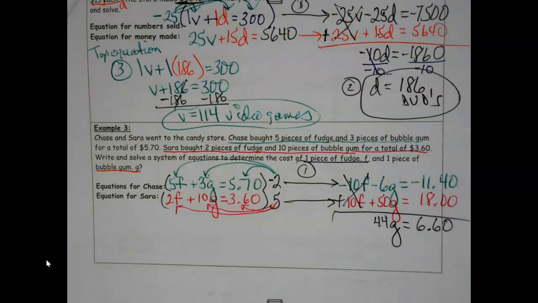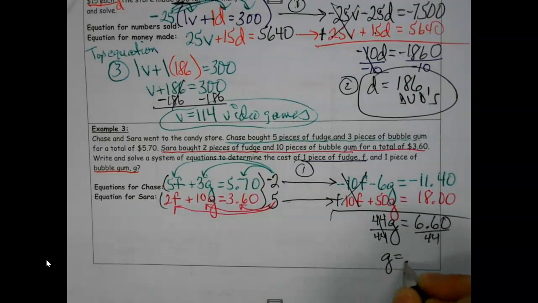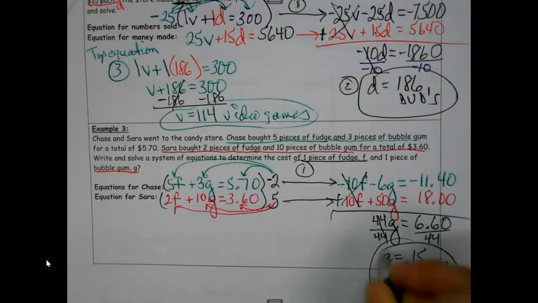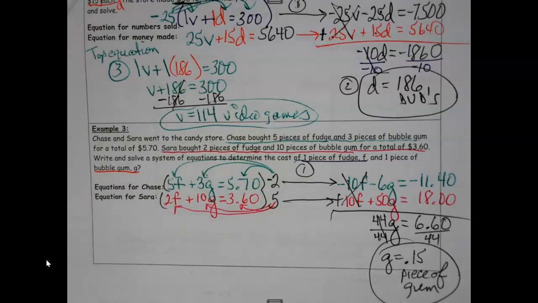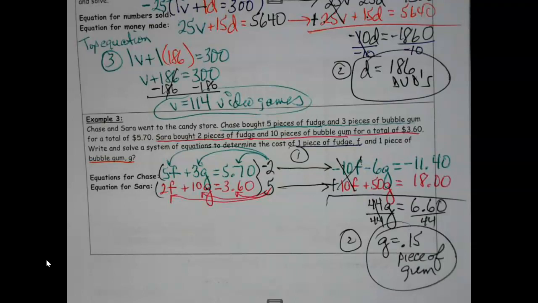And now we're down to our one-step equation. So I find out a piece of gum, my G, is 15 cents.